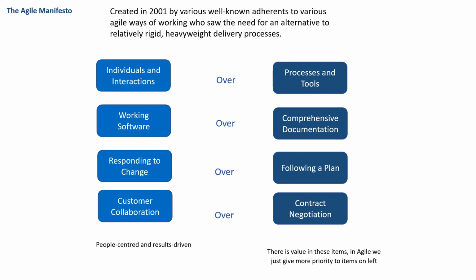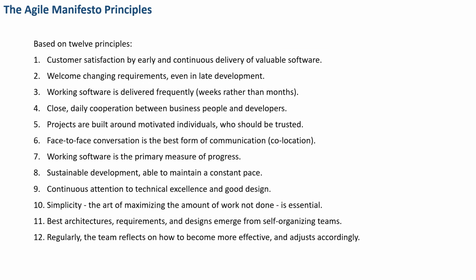So the Agile Manifesto, created back in 2001 now, was there to present a different approach to waterfall. You can see there the main elements of it. But it's really around implementing solutions much more flexibly and not being overly rigid in your approach.